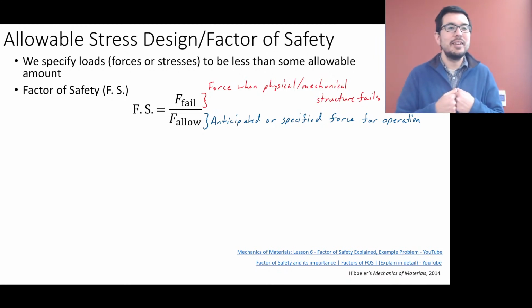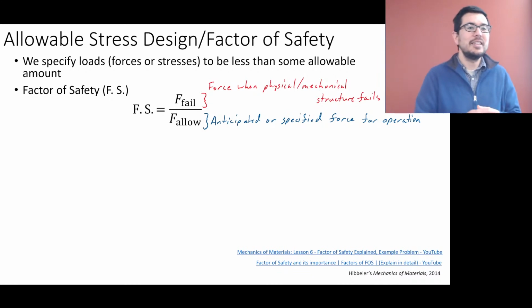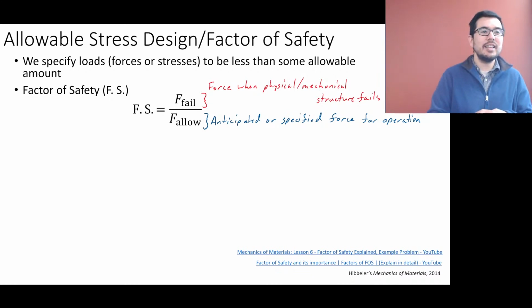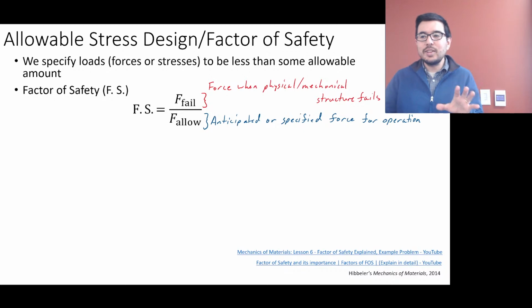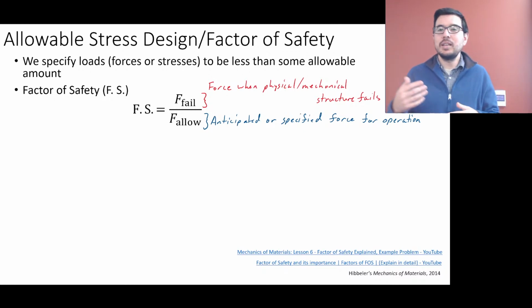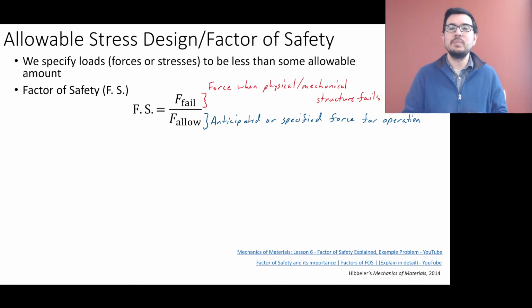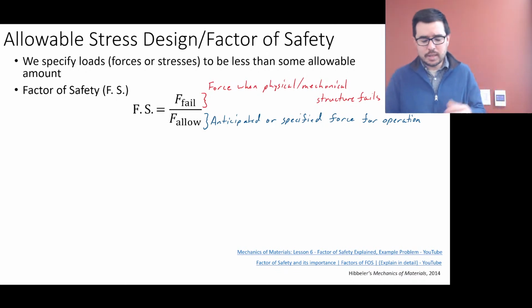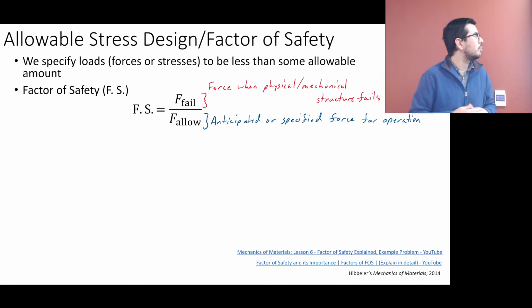We have our New Jersey potholes. You have all kinds of slightly larger than desirable loads being put into the system, and you want to not have a catastrophic failure.